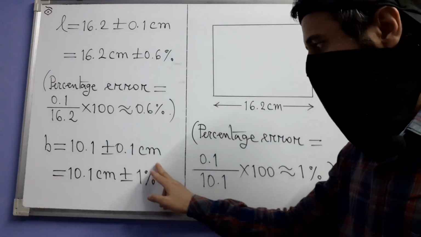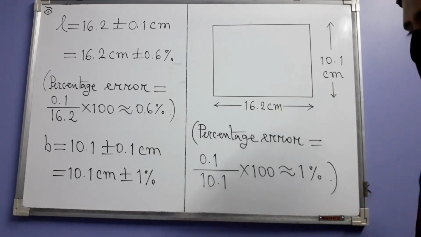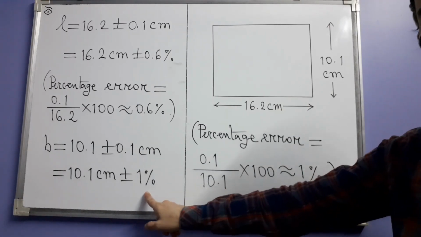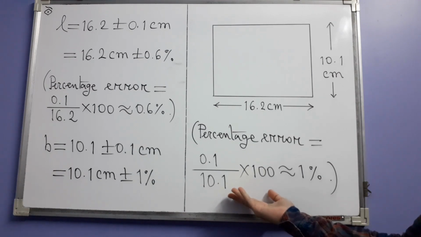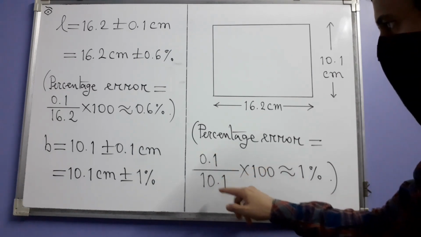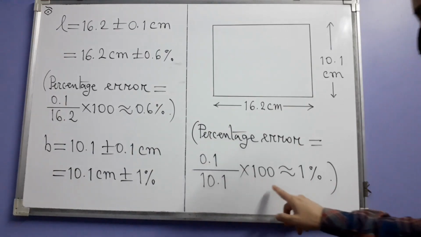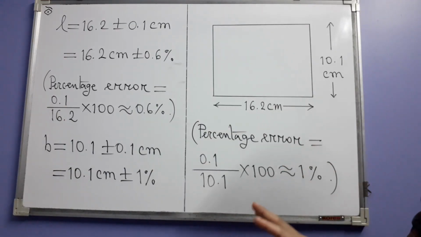And in this case, when you express that as percentage, it becomes roughly 1% because of this: 0.1 divided by 10.1 times 100. It's not exactly 1%, but it's roughly 1%.